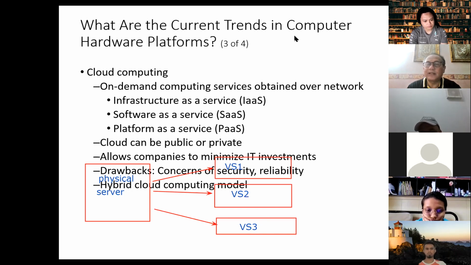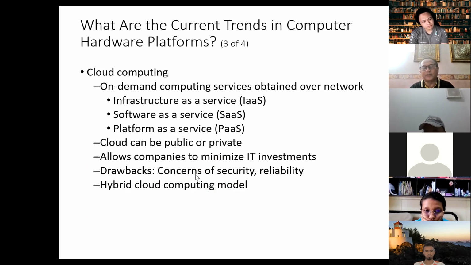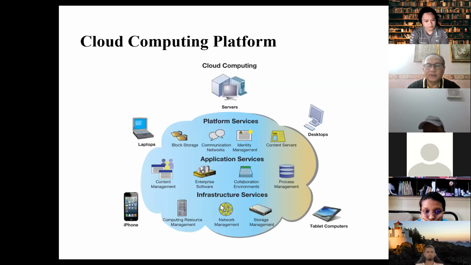And then besides that, we also have cloud computing today. In cloud computing, we have infrastructure as a service, IaaS. IaaS is just for the CPU, the network, and the data storage.